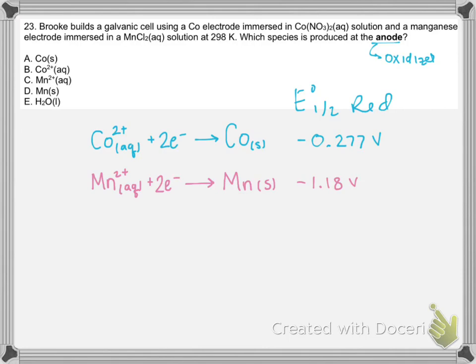So the cobalt is going to be at the cathode being reduced, and the manganese compartment would be the anode. And the reaction that would actually be happening would be the manganese solid losing 2 electrons to become manganese ions.